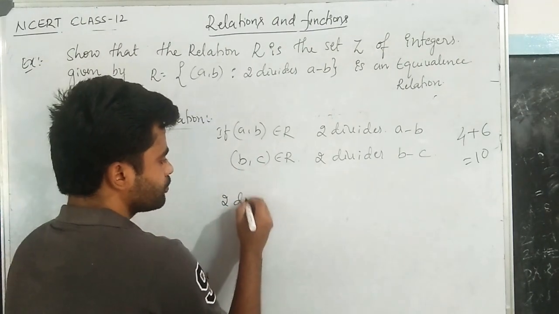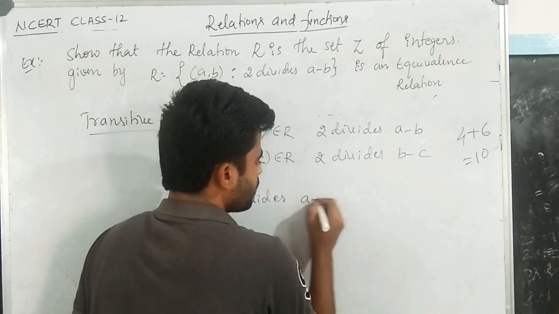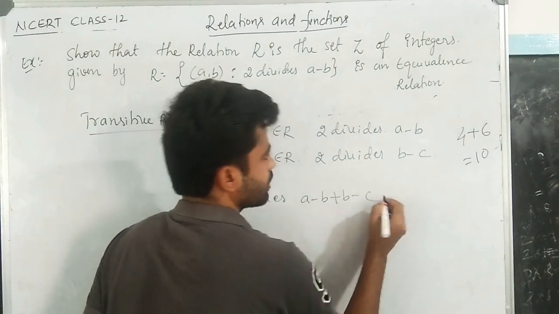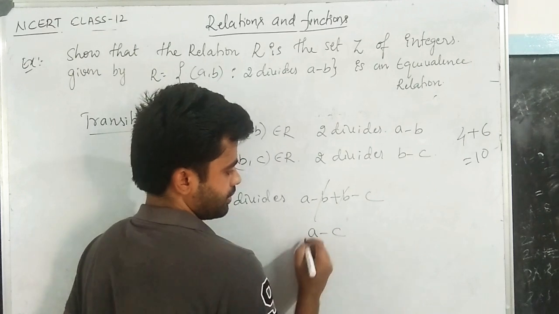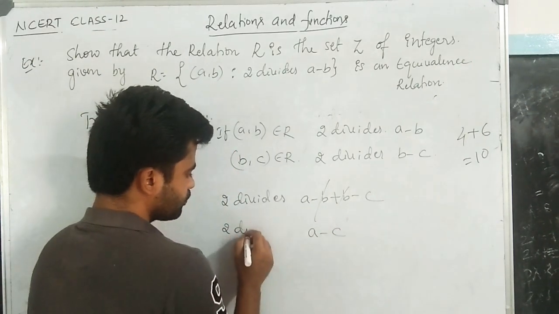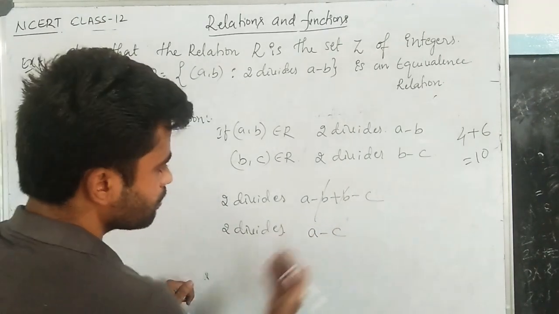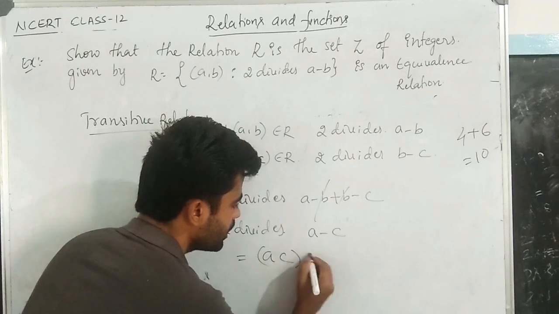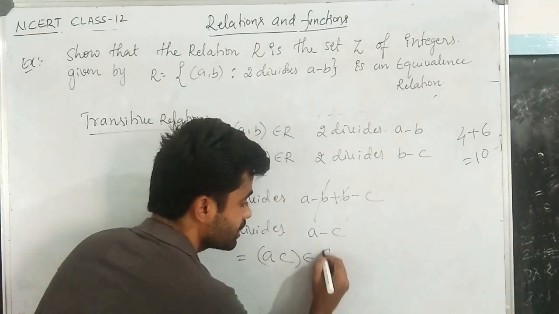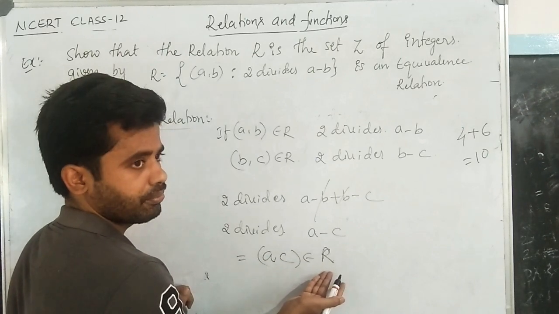So 2 divides (A minus B) plus (B minus C), the sum of those two. Minus B and plus B get cancelled, leaving A minus C. So 2 divides A minus C, which implies (A, C) is in R. Yes.